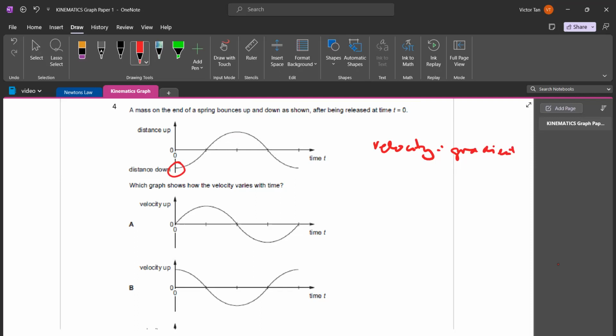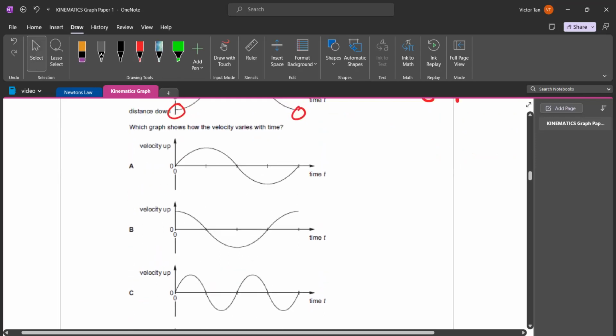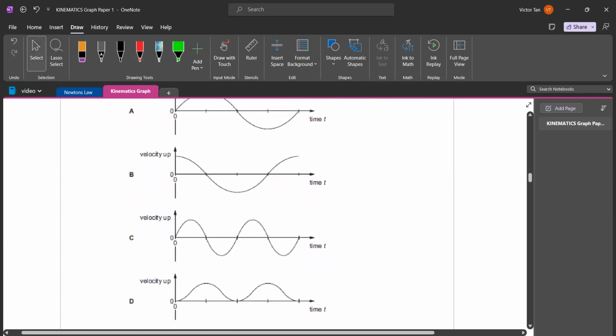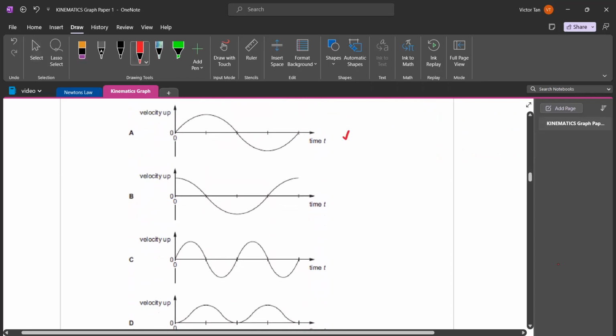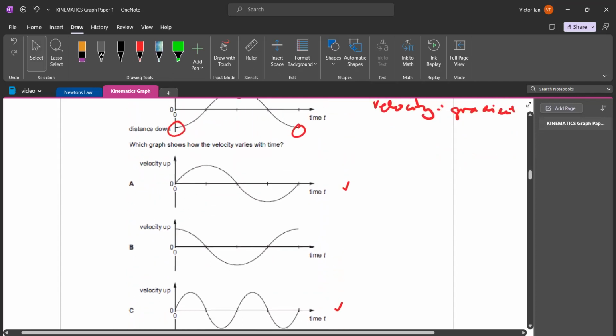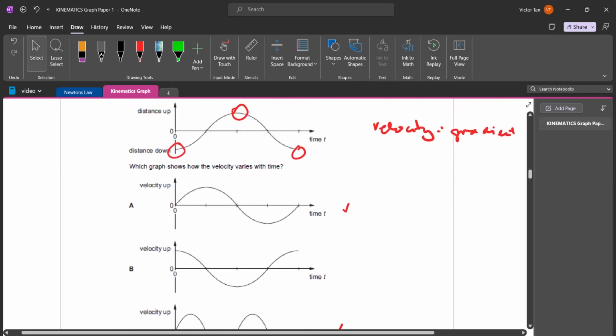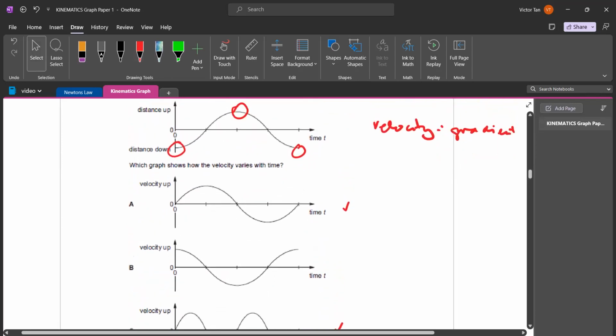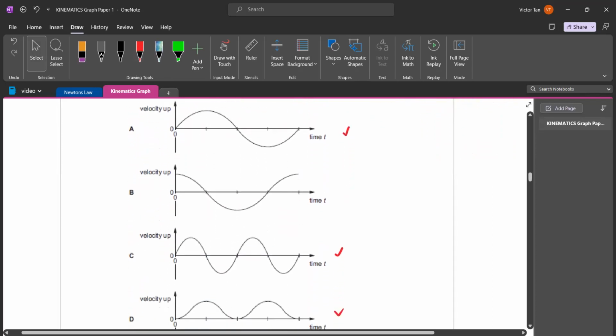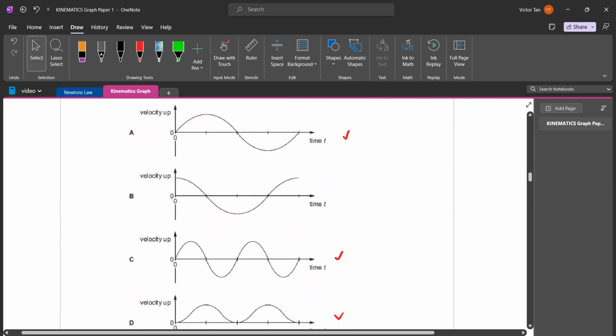Over here, the gradient is 0. Over here, the gradient is 0. Over here, the gradient is 0. So the graph can be any of these three, where it starts with a gradient of 0. But there are two other times when the gradient is 0, where the velocity is 0.